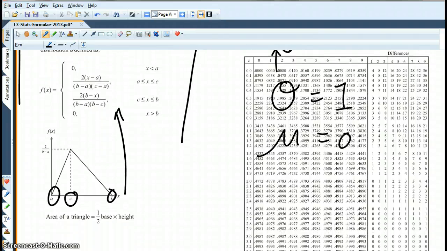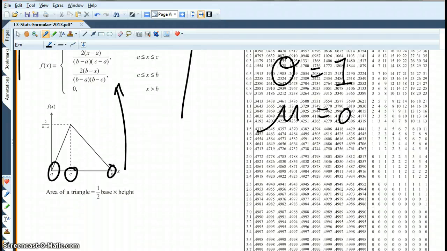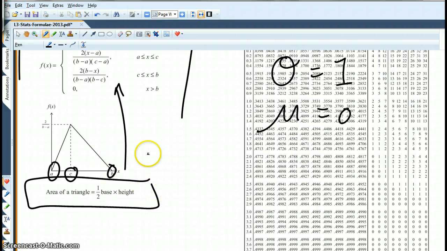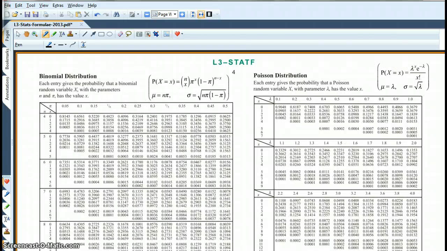So you'll be using that, and the area of the triangle being half base times height, connecting that with this, the area of the whole triangle will be 1. So if you find a particular area, then that would give you the probability of between that and that happening, because the area under the graph is the probability.